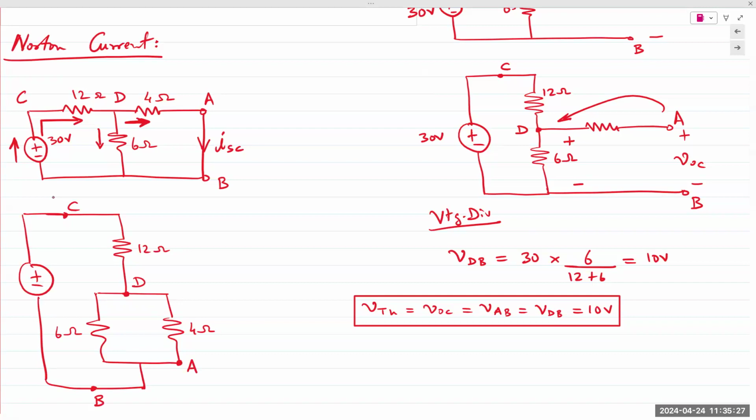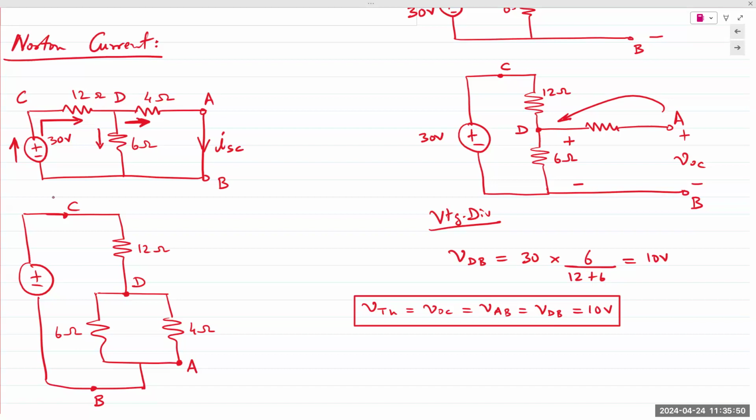Whenever you redraw the circuit for Thevenin voltage or for the Norton current, VOC and ISC, always look for the component that is associated with these quantities. So VOC was associated with a 6 ohm resistor, right? We analyzed it. VOC is VAB, VAB is VDB, which is across the 6 ohm resistor.